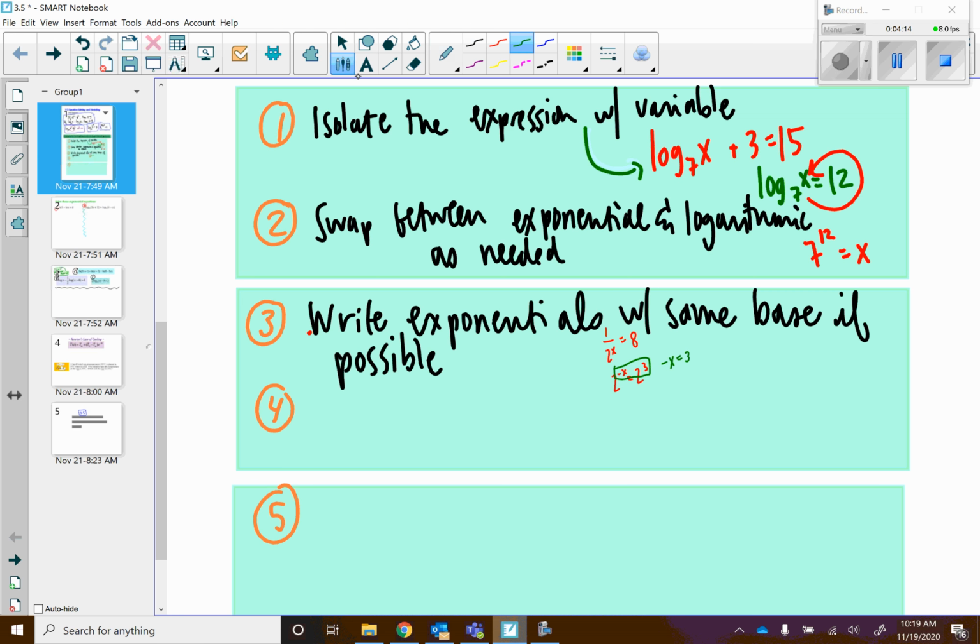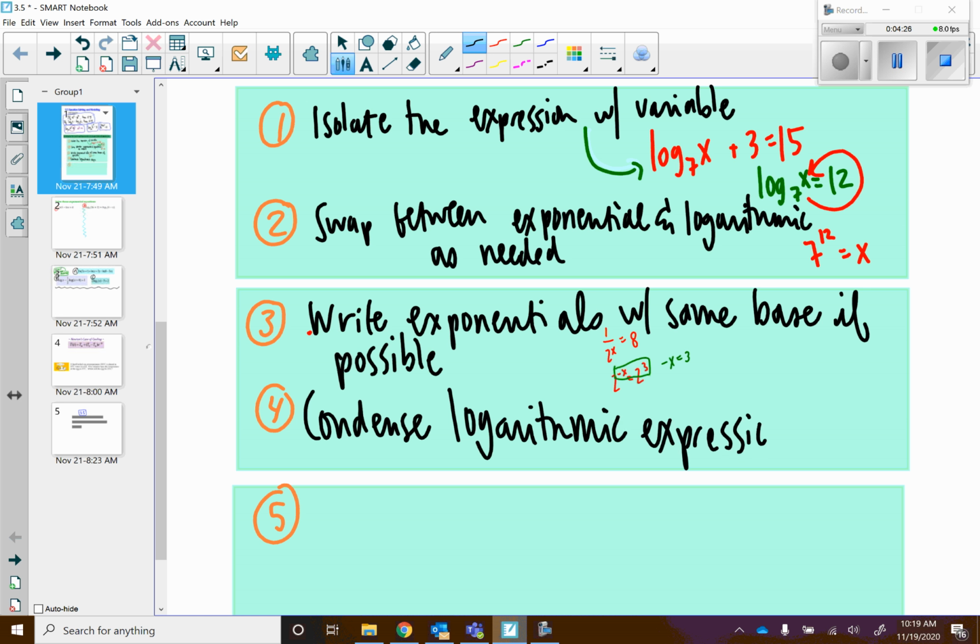Another general tip is, if needed, condense logarithmic expressions. So if you have a bunch of logs, make them all one. If I had something like log base 3 of x plus log base 3 of x plus 1 is equal to 4, well, I want to condense this left side.